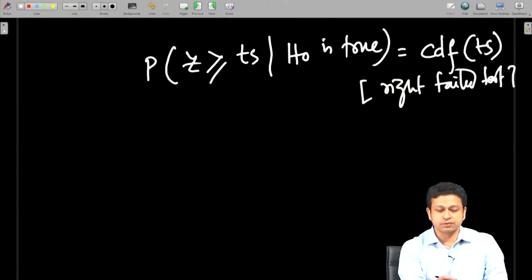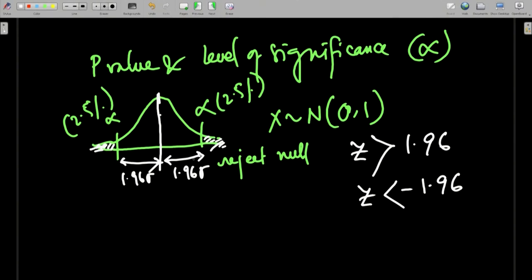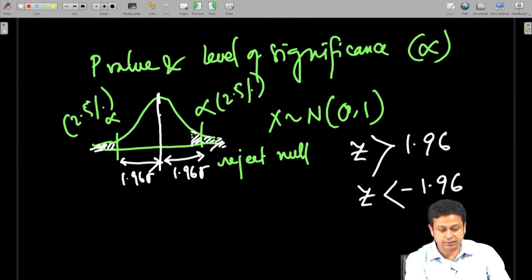What I mean, if we go back to the previous diagram, is if the value of the z statistic is more than the test statistic, when H naught is true, and the test statistic is here, then the cumulative density function, if we sum it up, the area under the curve, will represent the p value.